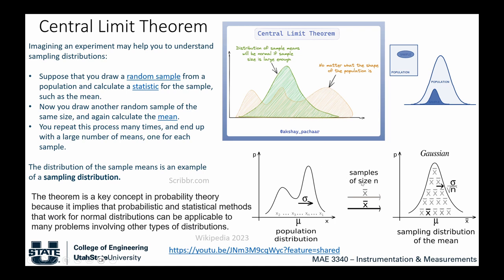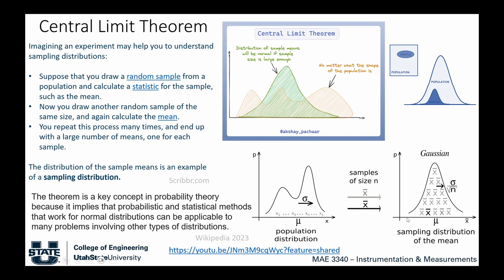If we take enough samples, say we have a bag of marbles, we pull out 5 marbles each time, and we pull out 30 sets of 5, then we can look at the mean and standard deviation of those sets and compile them into a new distribution. And that new distribution is going to be Gaussian.